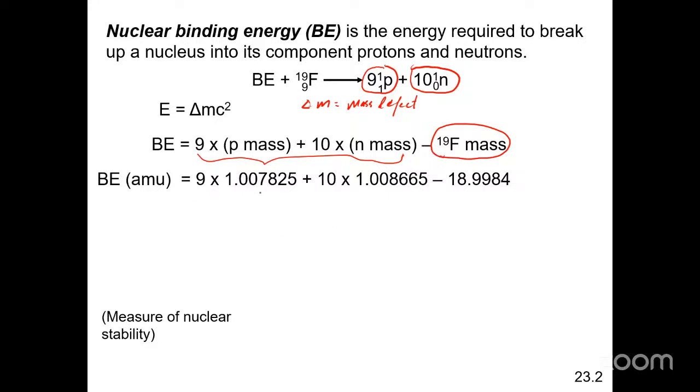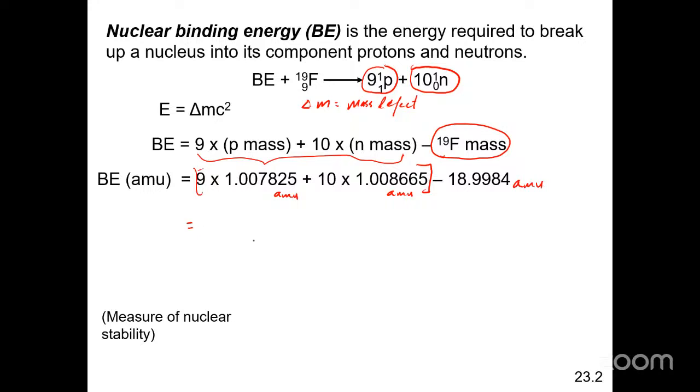So these are the masses. This is the mass of the proton in AMU units. This will be the mass of the neutron in AMU units. And this will be the mass of the fluorine-19 nucleus, again in AMU units, right? So basically you add the total mass of the protons and the neutrons present and subtract from that the mass of the nucleus of the fluorine.